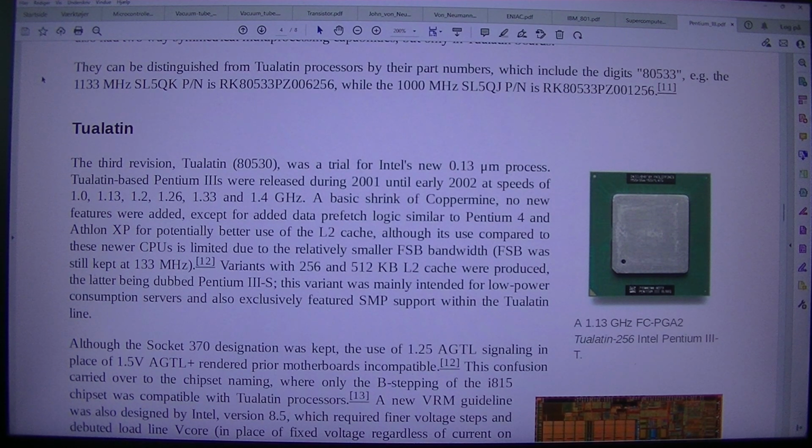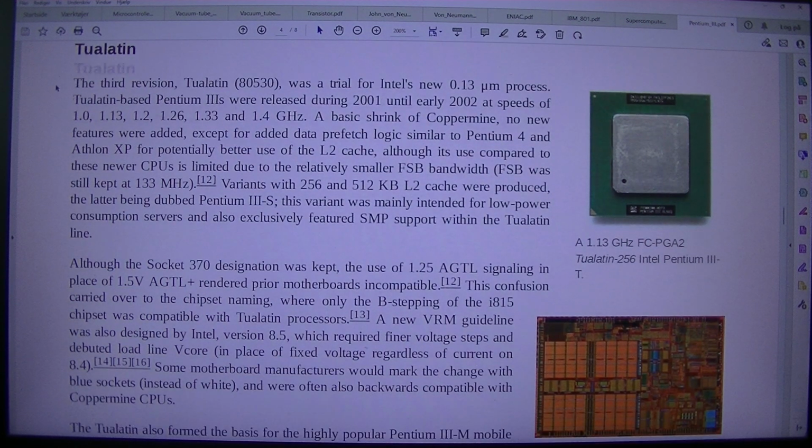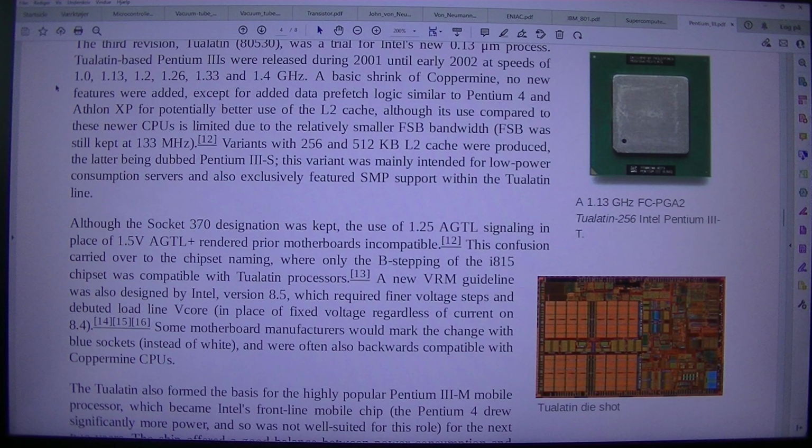For example, the 1133 MHz SL5QK P/N is RK80533PZ006256, while the 1000 MHz SL5QJ P/N is RK80533PZ001256.